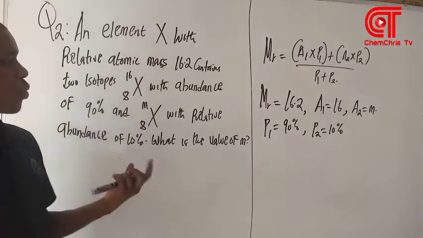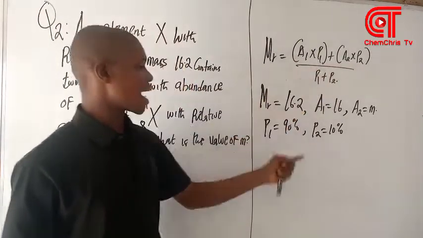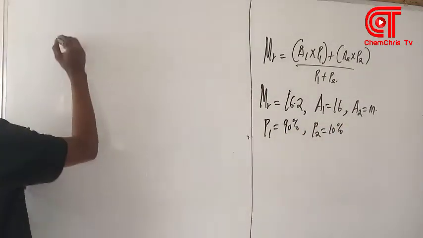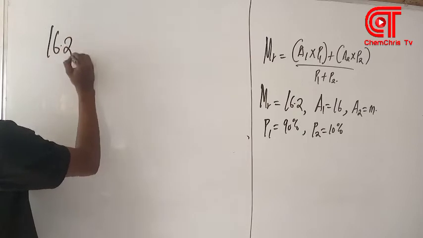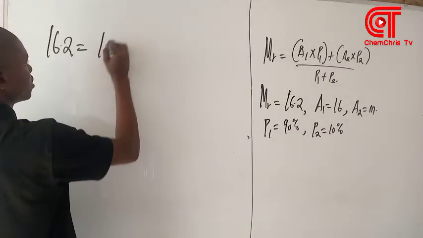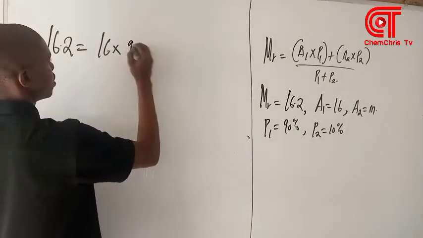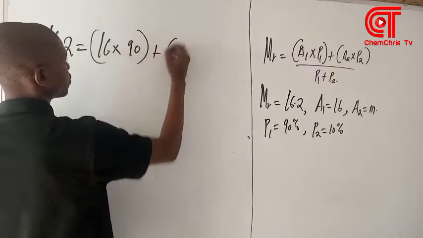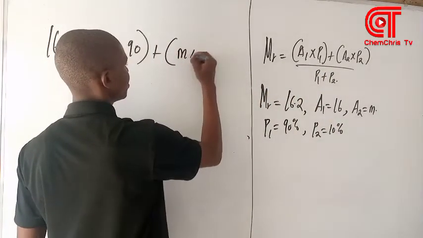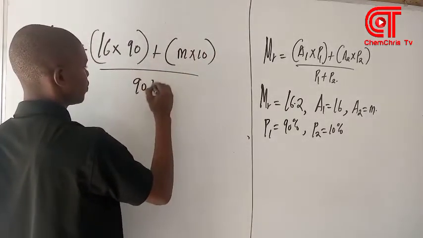So what you want to do is substitute your values into this formula and calculate your M. So my MR is 16.2 equals my A1, which is 16, times my P1, which is 90, plus my A2, which is M, which I'm looking for, times 10, over 90 plus 10.